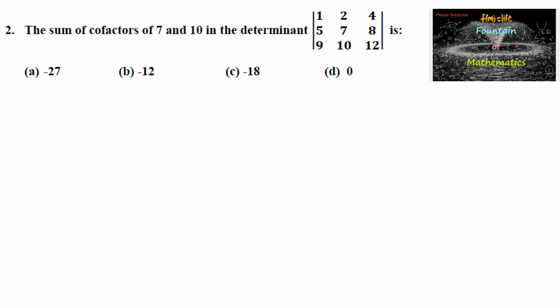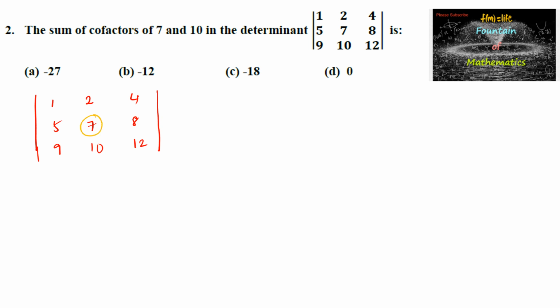The sum of cofactors of 7 and 10 in the determinant [1, 2, 4; 5, 7, 8; 9, 10, 12]. So cofactor of 7: this is an element in the second row, second column.